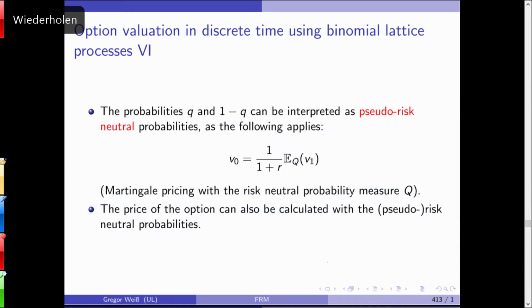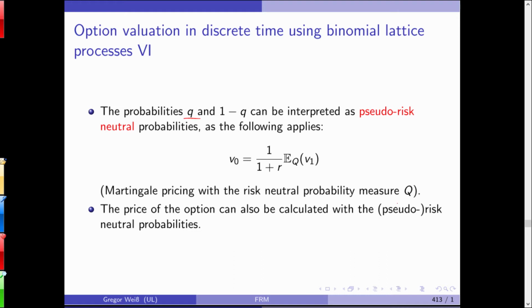Okay. Now, these probabilities can be interpreted as risk neutral or pseudo risk neutral probabilities, because it follows that 1 over 1 plus r times the expected value of all future payments V1 should give you the current price of the financial contract.